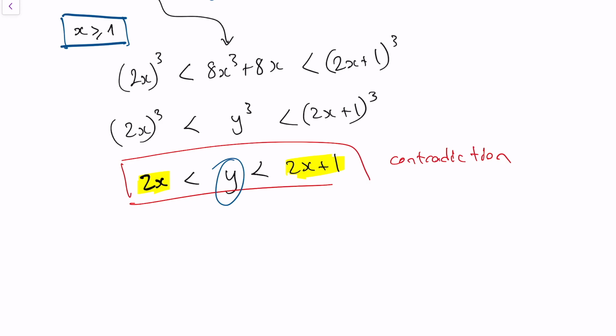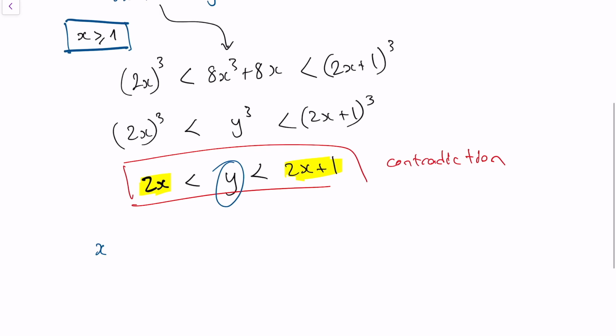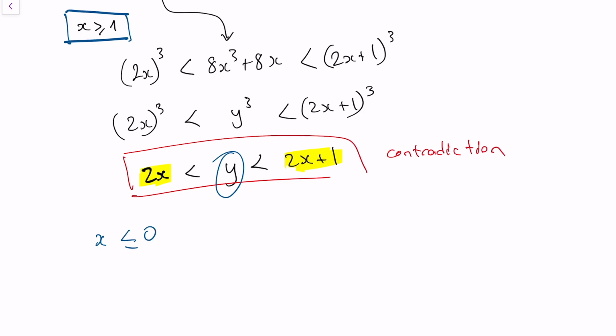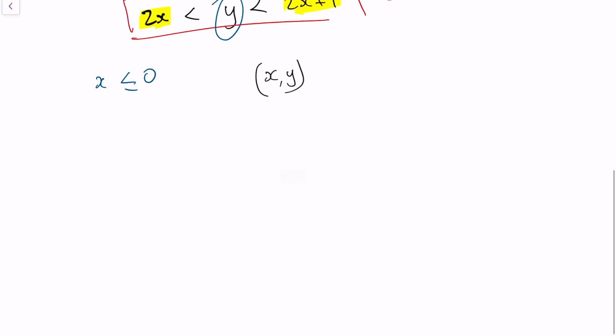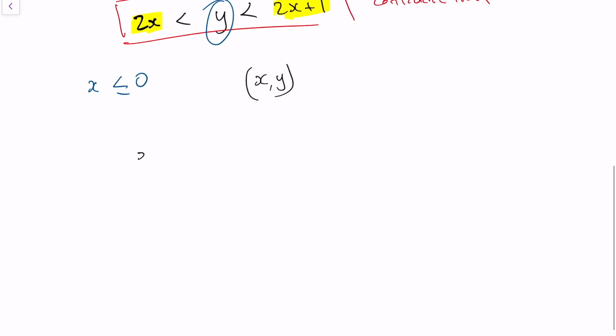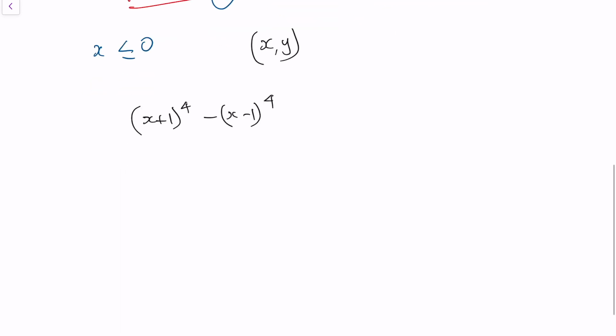That implies we need to look at the values of x, where x is a non-positive integer. So x is less than or equal to 0. So we're looking for solutions x, y such that x is less than or equal to 0. But remember, the question was we had that x plus 1 to the 4 minus x minus 1 to the 4 is equal to y cubed, right?